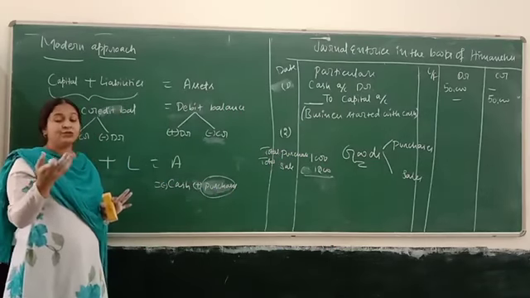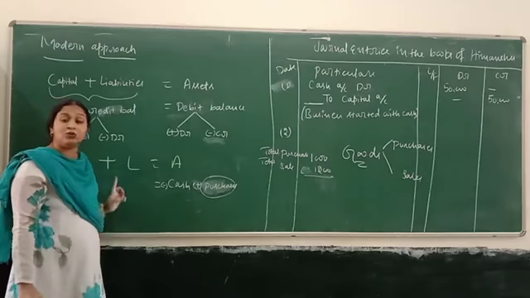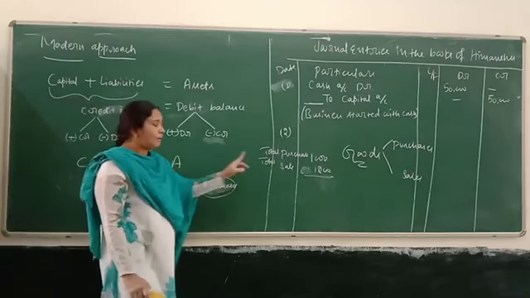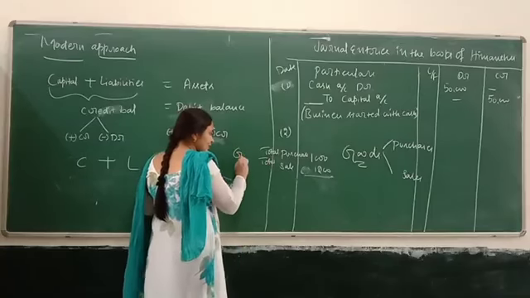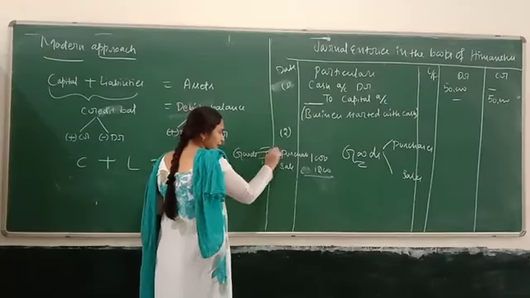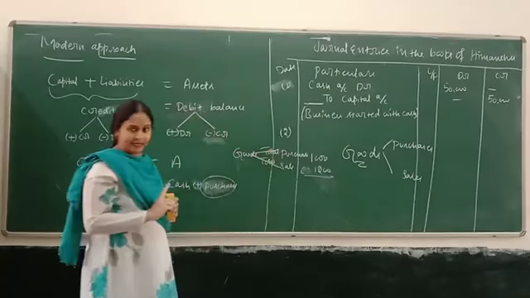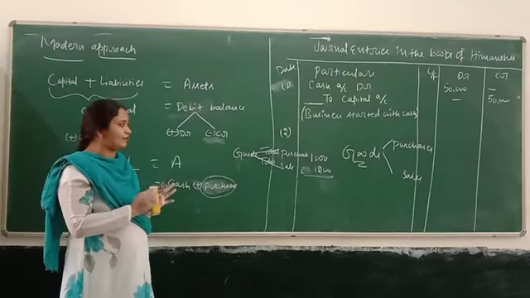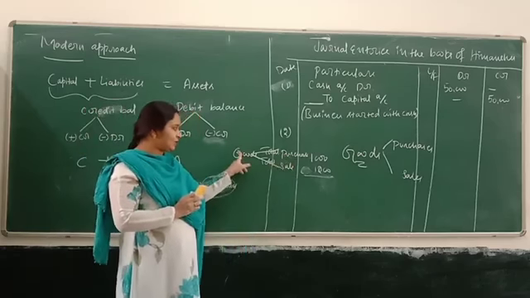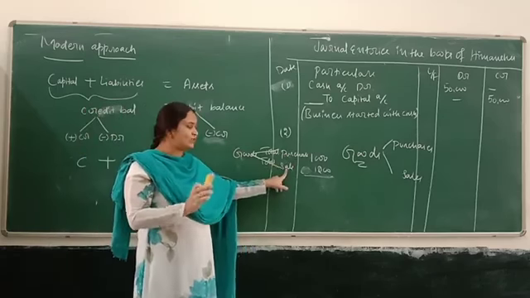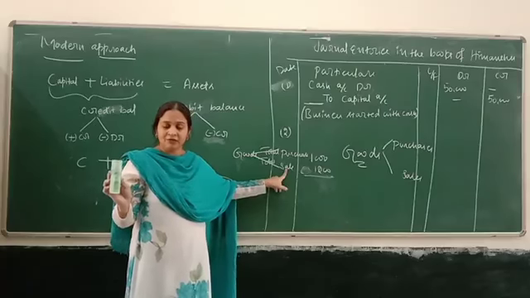Whatever profit we used to get, we used to add to the capital balance. But under journal entries, we are categorizing goods into purchases and sales. We are writing the name of the event, the reason, whether we have purchased goods or sold goods, and we don't ascertain profit.